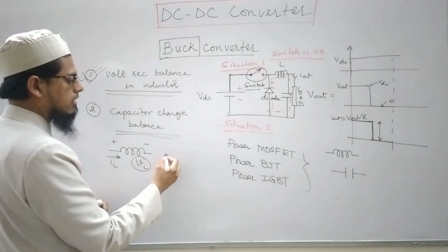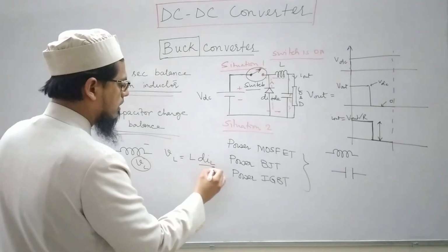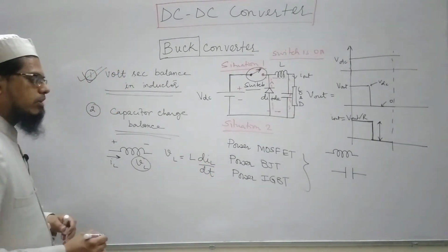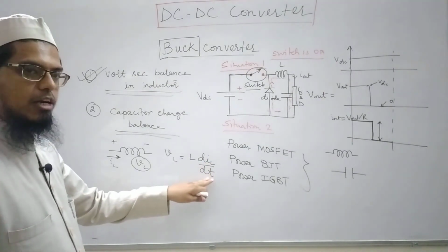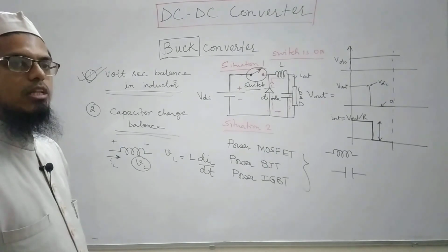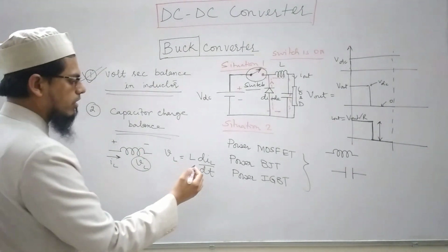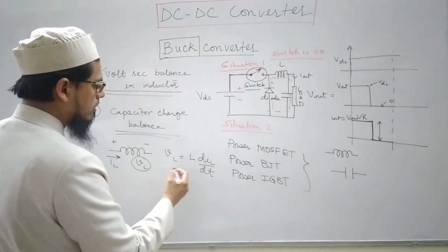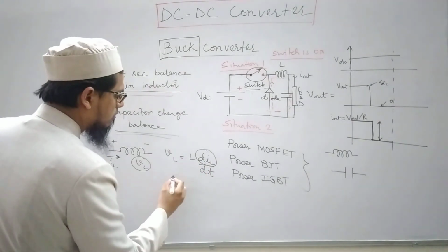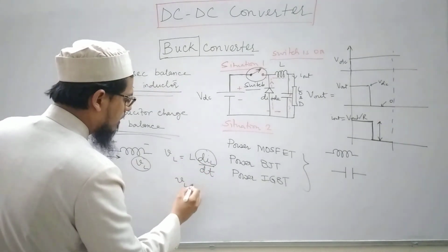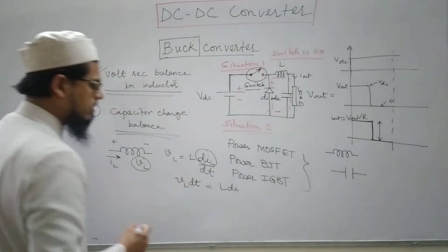We know there is a relation between VL and IL, given by VL equals L dIL by dt. The rate of change of current through the inductor is proportional to the voltage across the inductor. So if I bring this term here, I would be left with VL dt equals L dI.